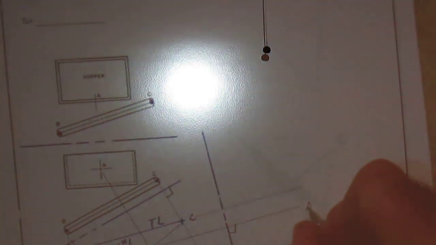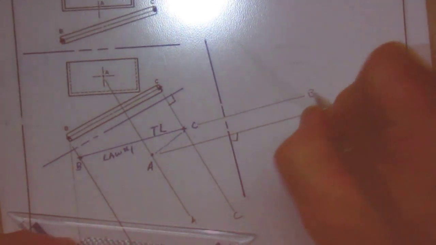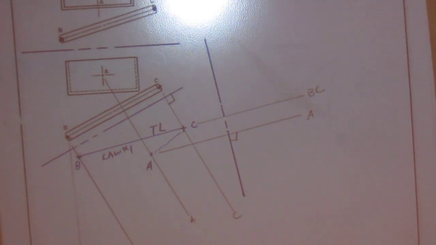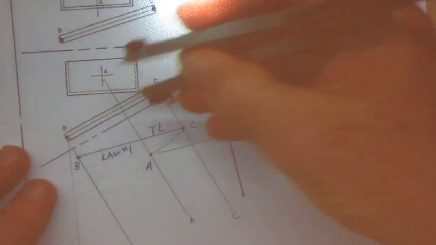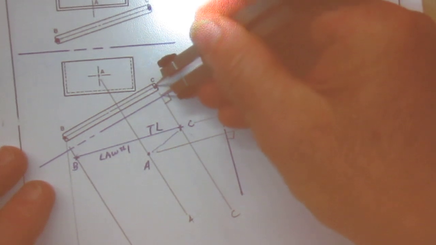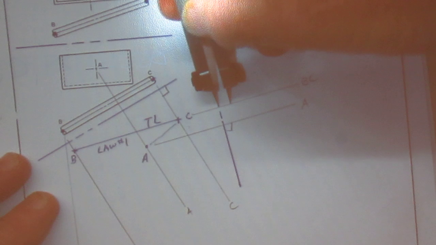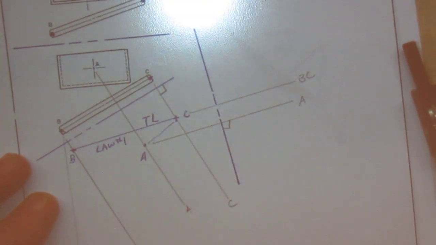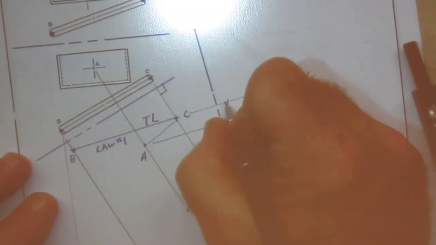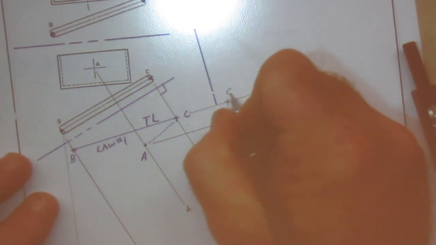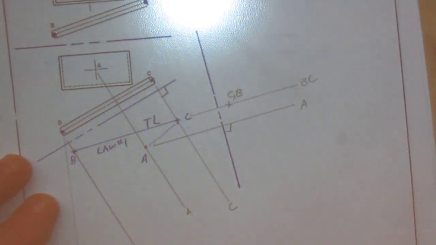Now I know A falls on this line. I know BC falls on this line. I just don't know where. So I go back 2 views and go fold line to point. Fold line to point for BC. So there's CD actually, because C is closer to me.